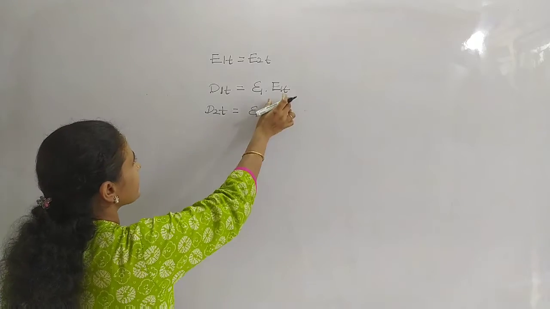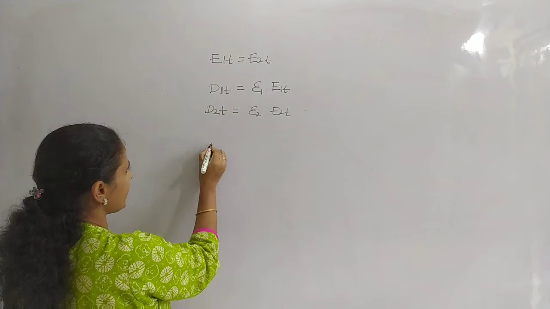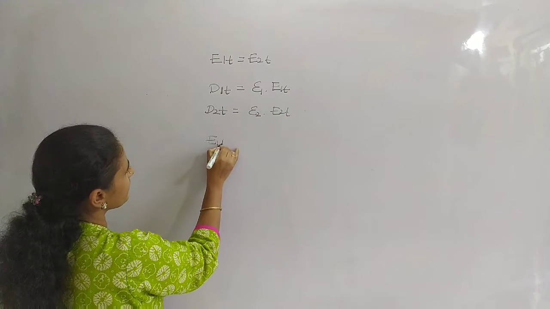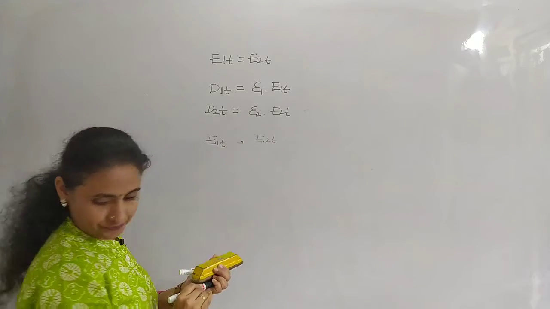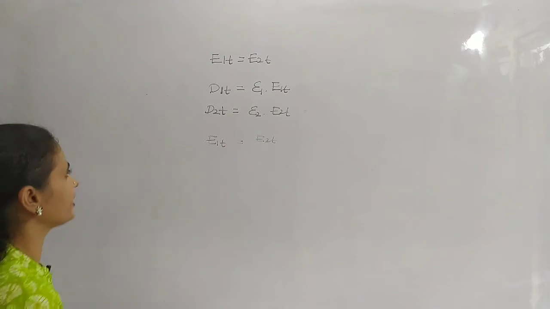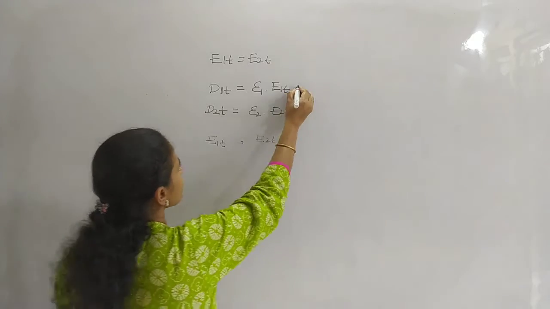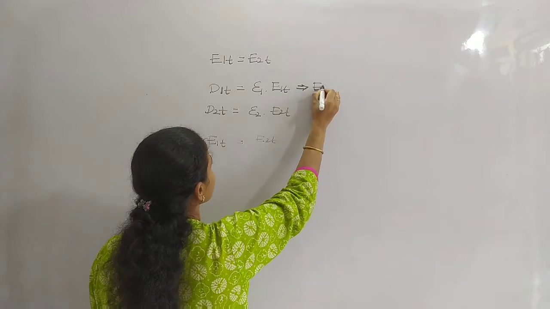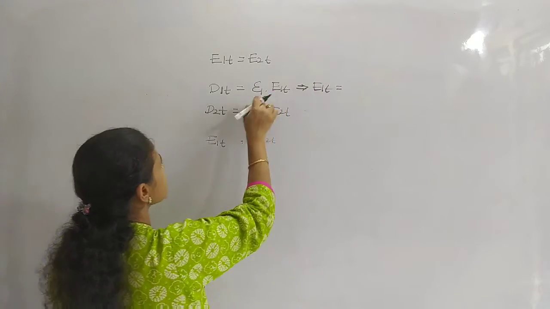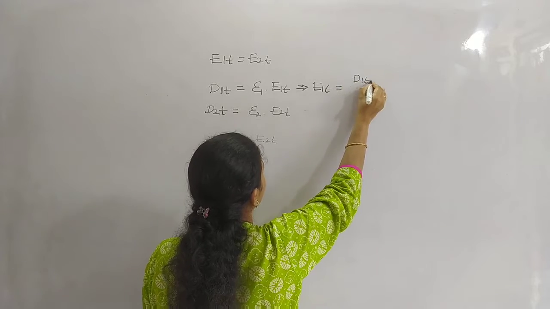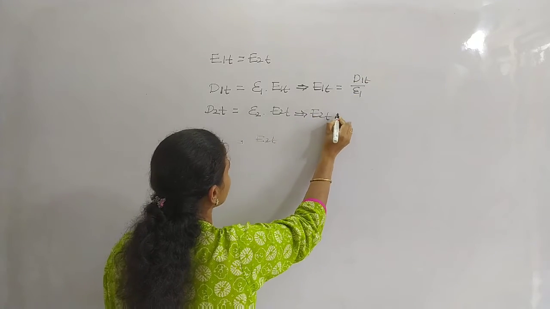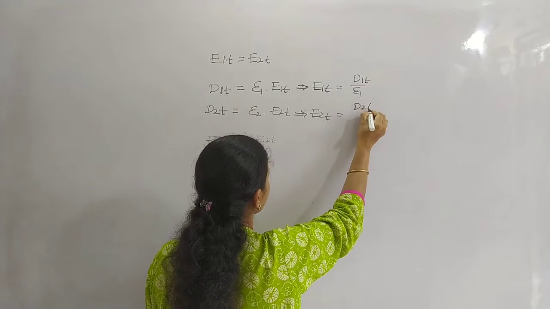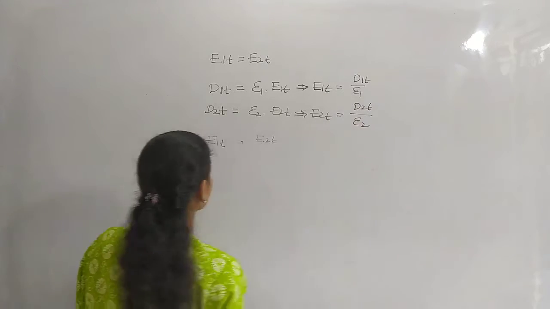As E1T and E2T are the same, E1T equals E2T, the tangential component in the second medium. From this, we can obtain the tangential component in the first medium as D1T by epsilon 1, and in the second medium, in terms of the flux density, it is D2T by epsilon 2.